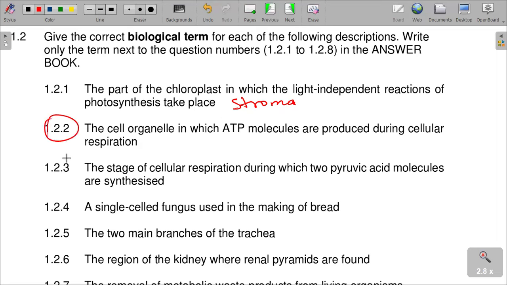the cell organelle in which ATP molecules are produced during cellular respiration. It is the mitochondria.